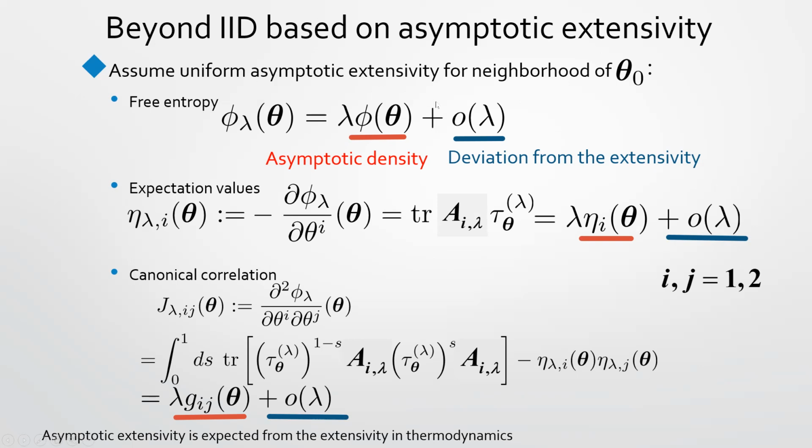But this one is somehow very natural in statistical mechanics, because in many models of statistical mechanics, they have this property. This property holds in many models of statistical mechanics.